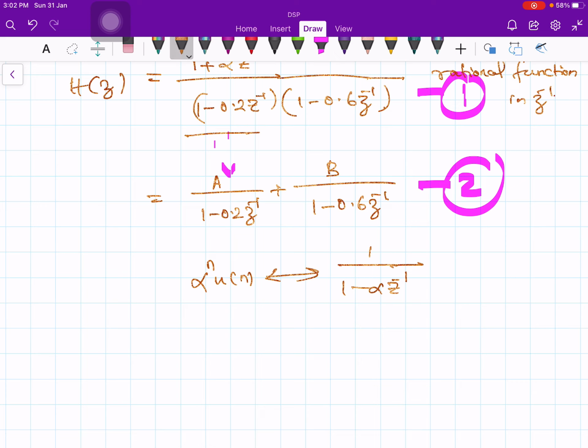In the regular manner you can find out the A value and B value. So the A value is equal to 1 minus 0.2 z inverse times H of z, evaluated at 0.2 z inverse equal to 1. Therefore z inverse is equal to 1 by 0.2, that is 5, like that. Don't compute.